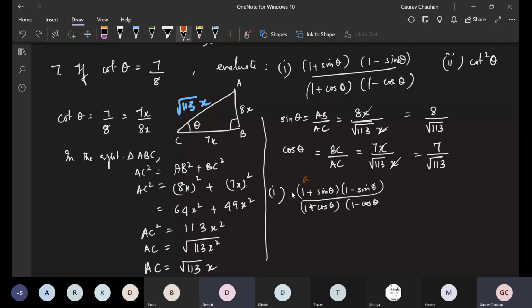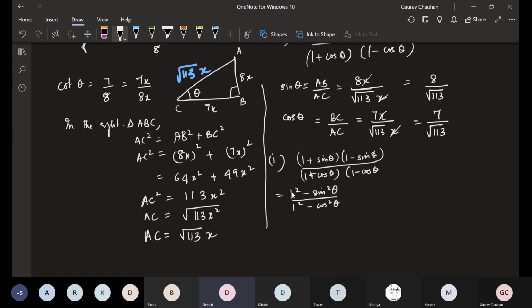Continue, Deepak. So it will be 1 square minus sine square theta. Let me write here only: 1 square minus sine square theta by 1 square minus cos square theta. Very good. Continue.